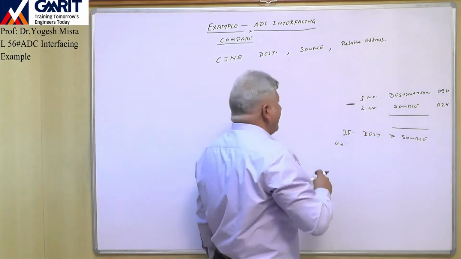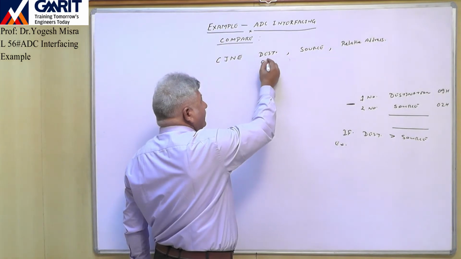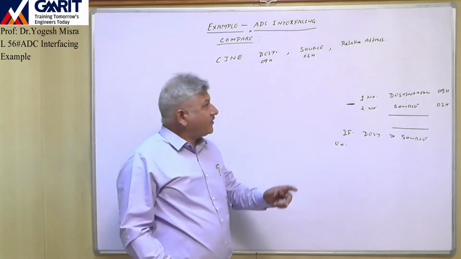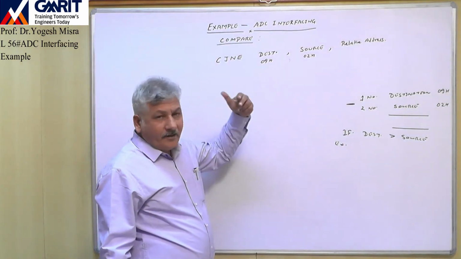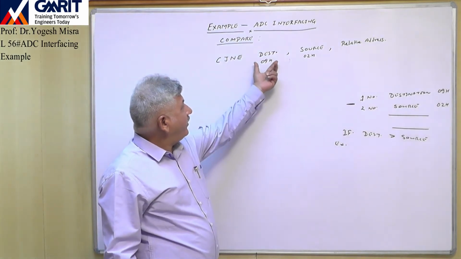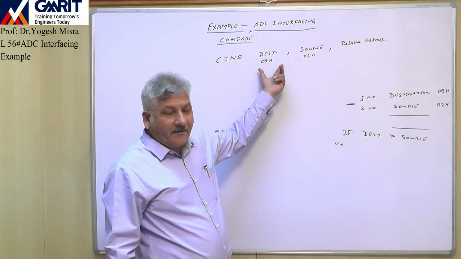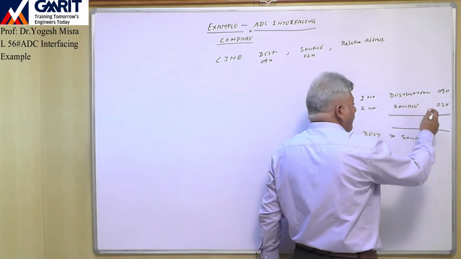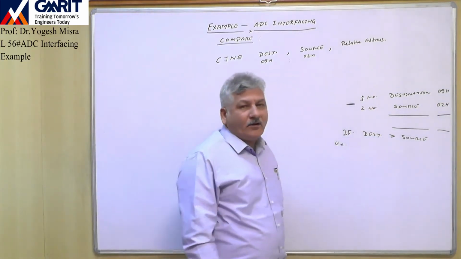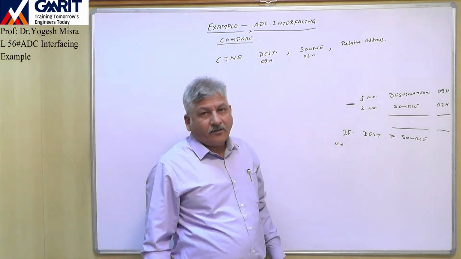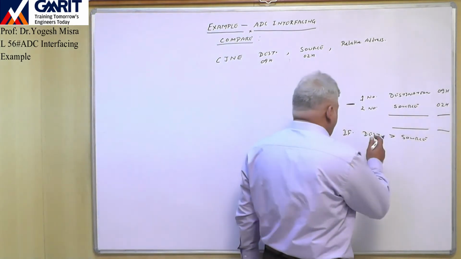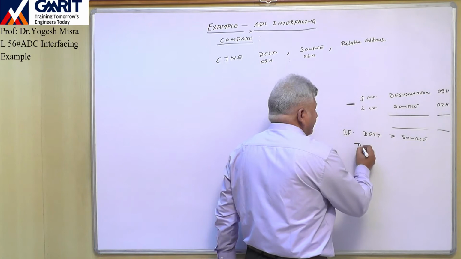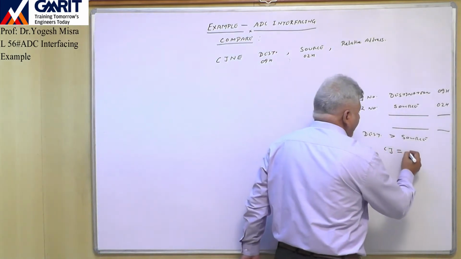When this instruction is executed, internally the controller will subtract 2 from 9. During this subtraction, since destination is greater, no borrow is required. So if no borrow is required, the carry flag will be 0.